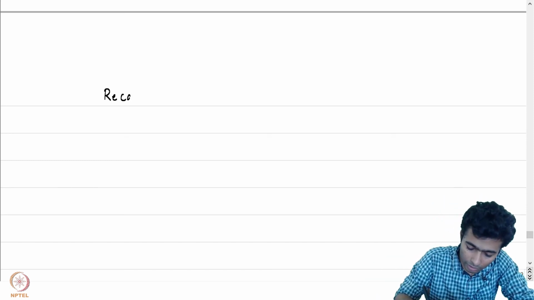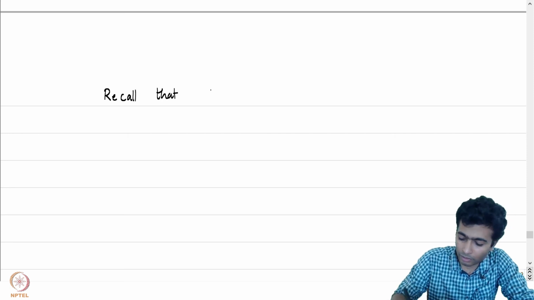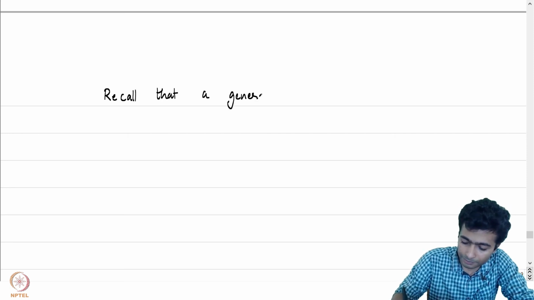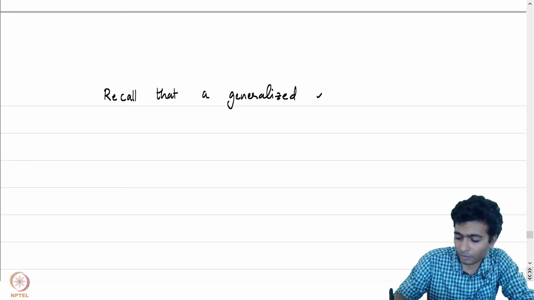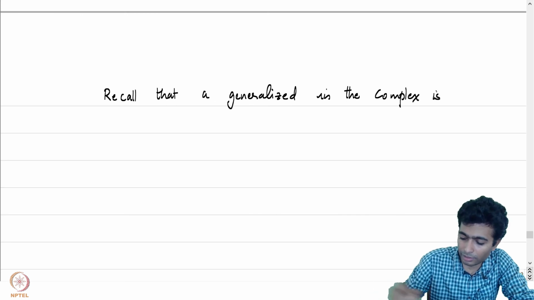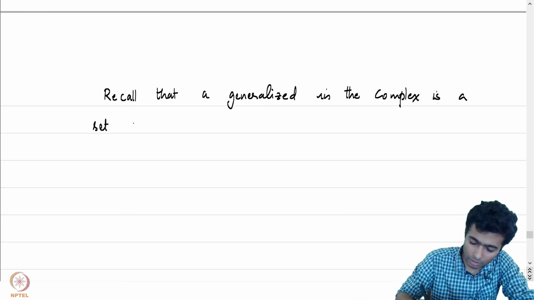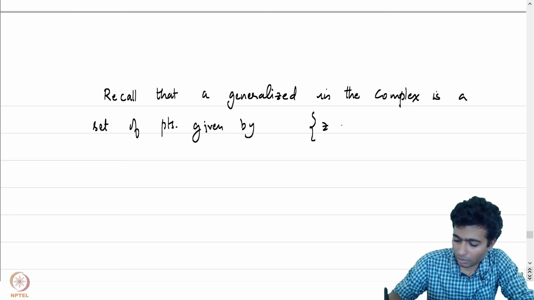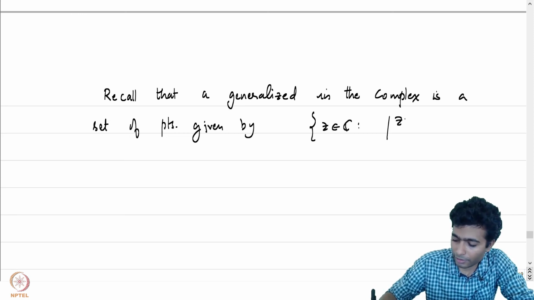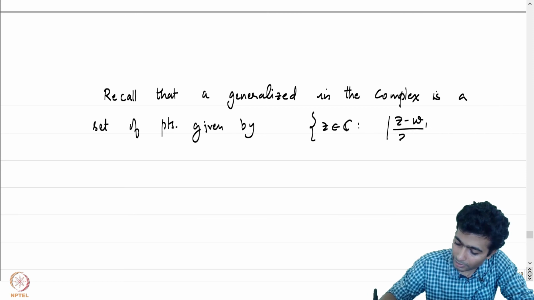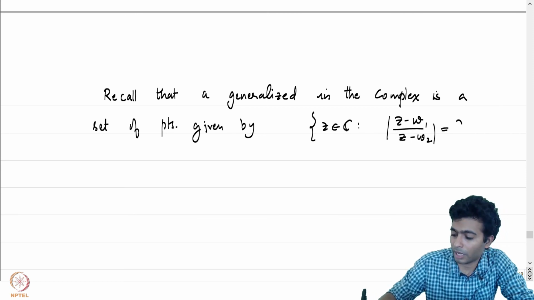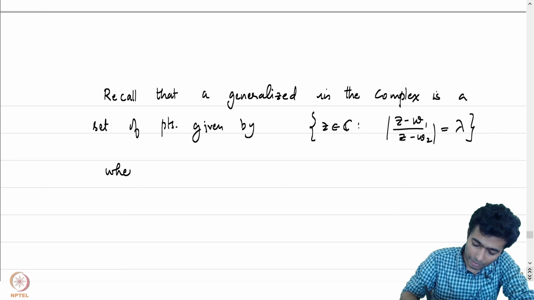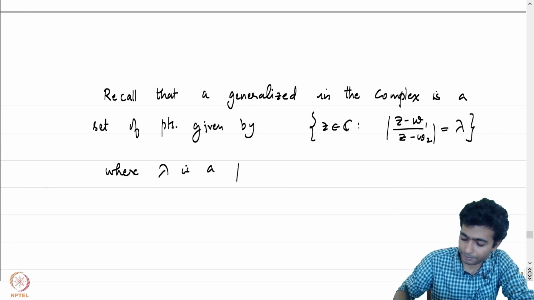Nevertheless, recall that a generalized circle in the complex plane is a set of points given by the absolute value of (z minus w1) by (z minus w2) is equal to lambda, where lambda is a positive number.